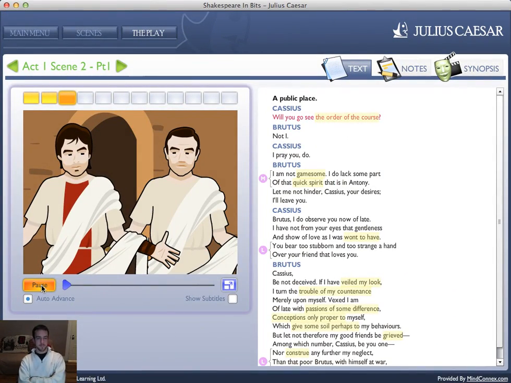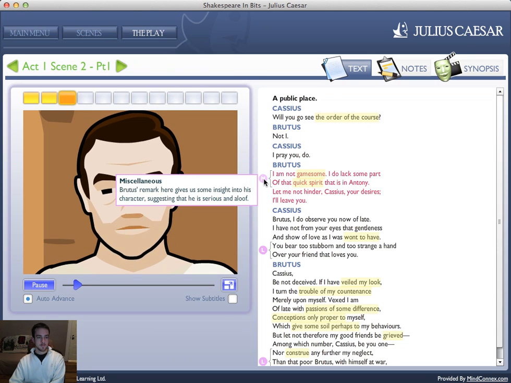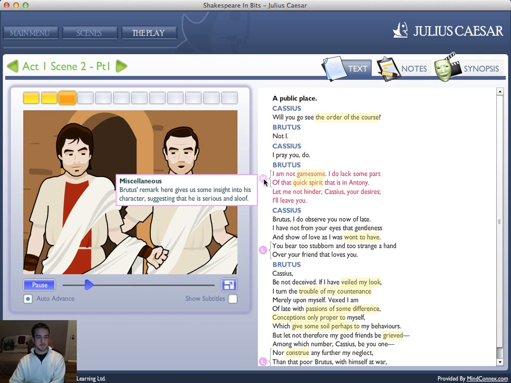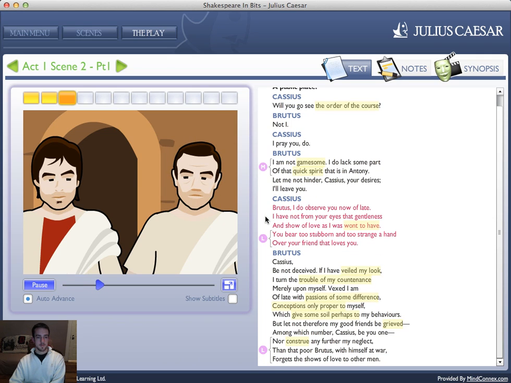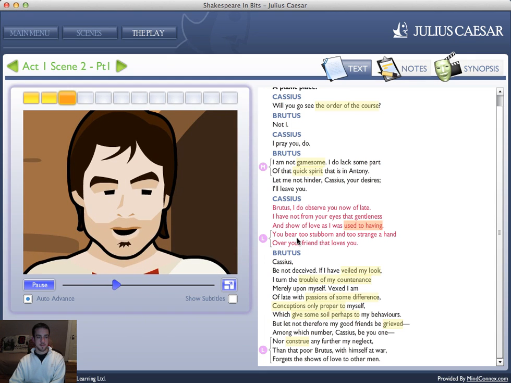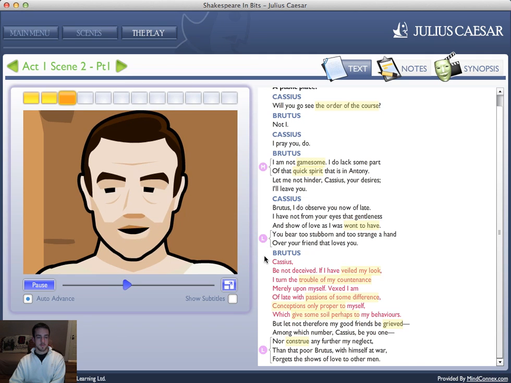Will you go see the order of the course? Not I. I pray you do. I am not gamesome. I do lack some part of that quick spirit that is in Antony. Let me not hinder, Cassius, your desires. I'll leave you. Brutus, I do observe you now of late. I have not from your eyes that gentleness and show of love as I was wont to have. You bear too stubborn and too strange a hand over your friend that loves you. Cassius, be not deceived.